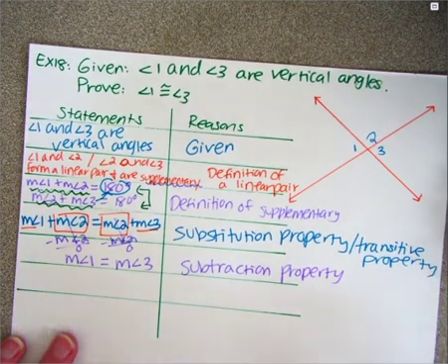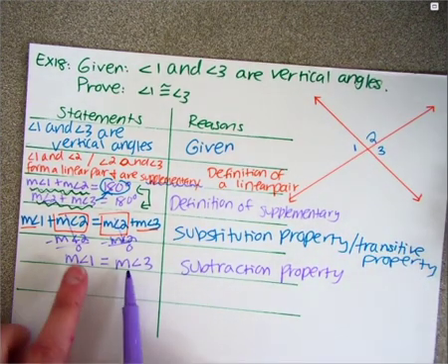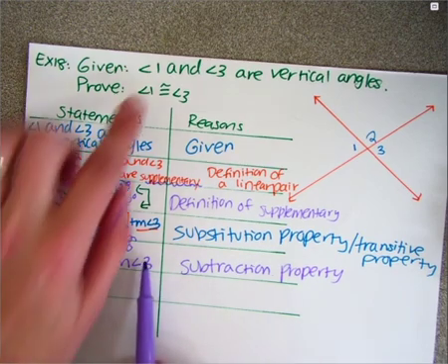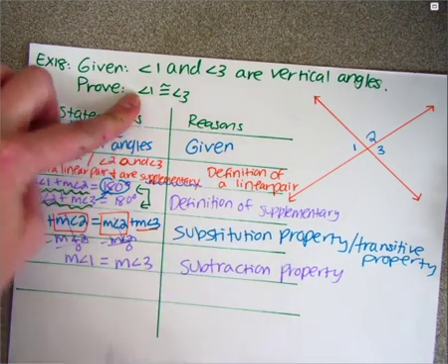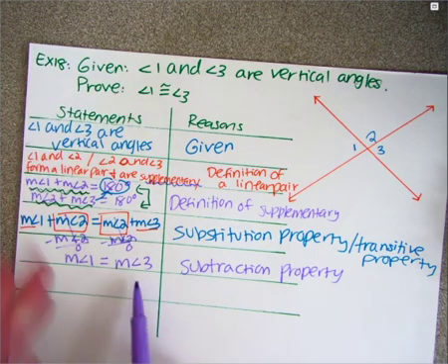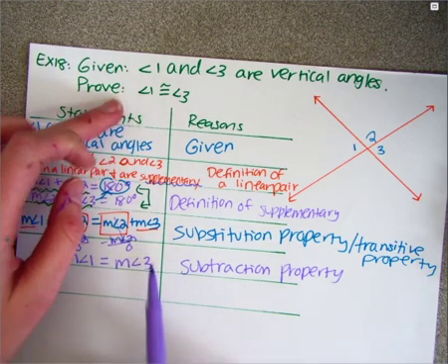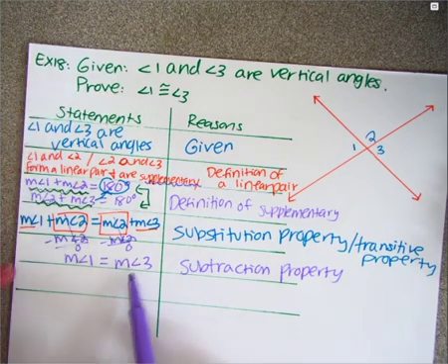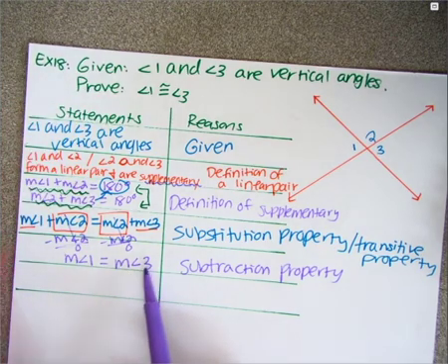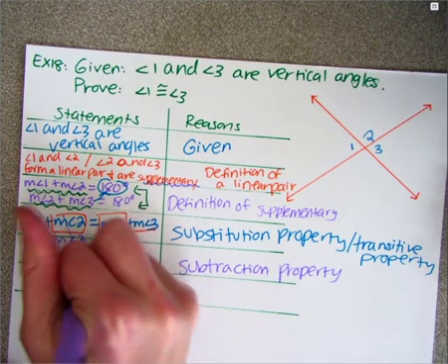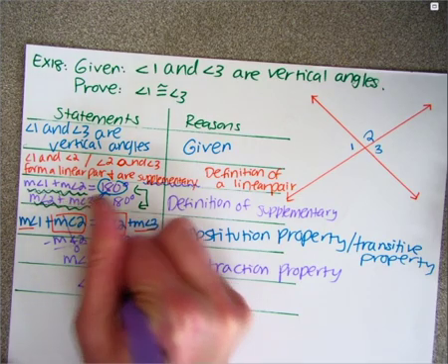All right, so I've shown that the measure of angle 1 equals the measure of angle 3, and I'm trying to prove that that means that the angles are congruent. Well, if the measures are equal, that means that they have to be congruent, because what it means for two angles to be congruent is that their measures are equal. So now I can safely say that 1 is congruent to 3.